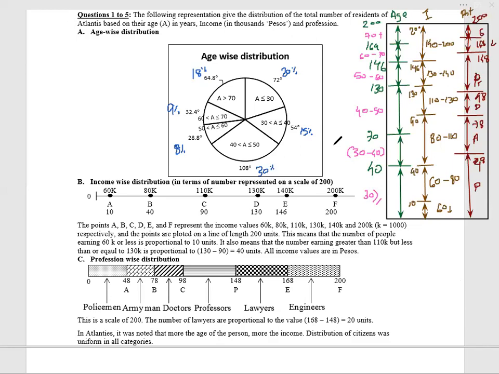Or 30 to 40, 15%, that is 30 people. 40 to 50, 30%, that is 60 people. Because the total scale is always 200. Okay, so now let's go to the problems.